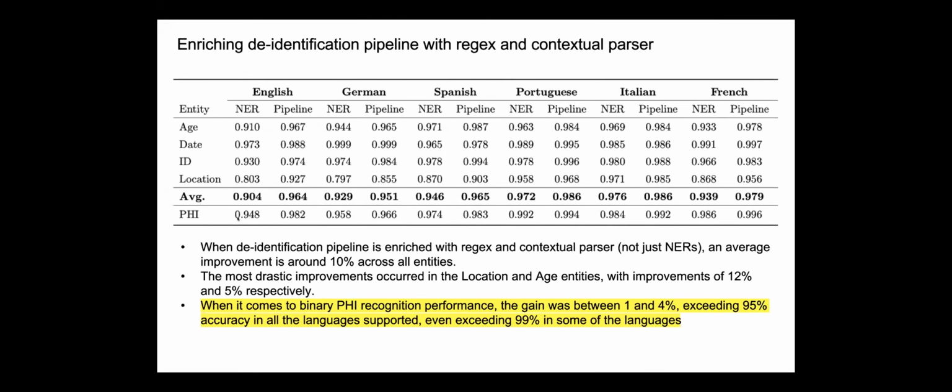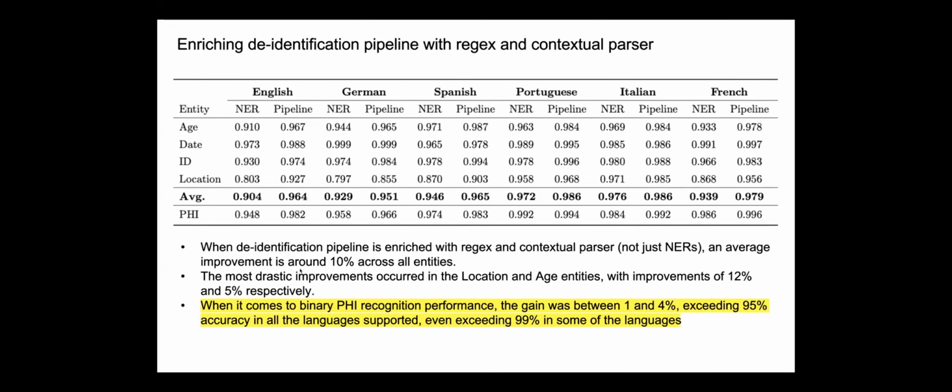We call it PHI, because all these metrics, like age 91%, belong to per-entity accuracy. But when it comes to PHI, it is regardless of the type of the entity, which means that 95% of the time we are catching that sensitive entity, compared to 90%, right?